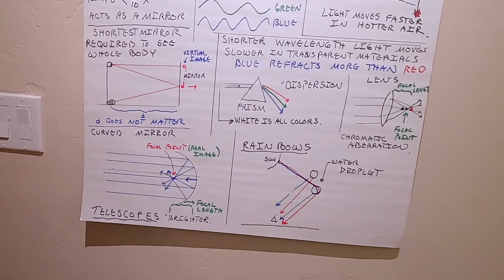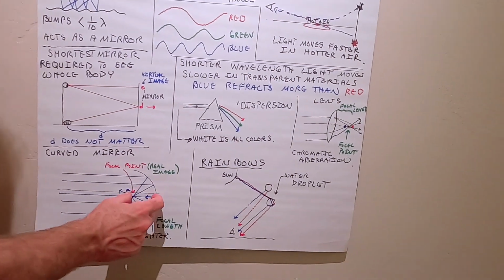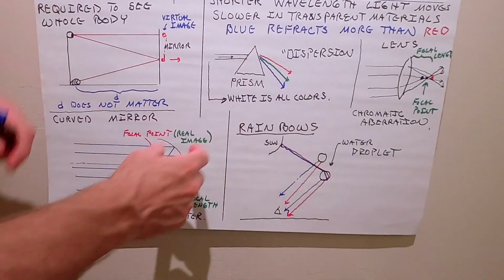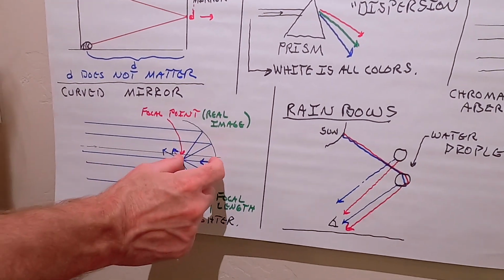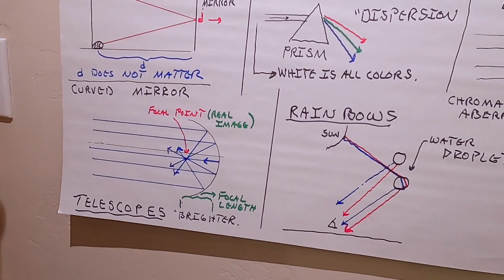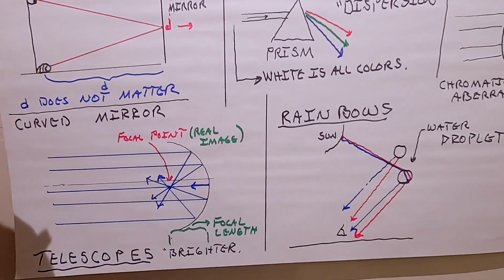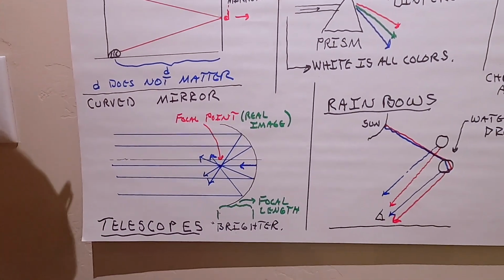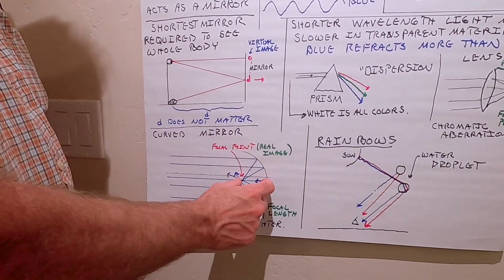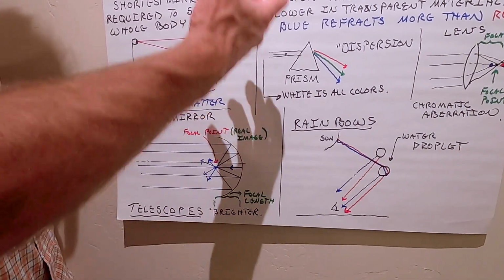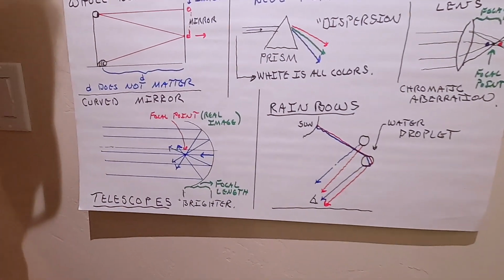Now, normally when you buy a telescope, you want a big focal length right there. You want this length to be big, because that way you can magnify things better. You're not going to be looking at the edge of the universe, you're probably looking at planets, and the more you can magnify it, the bigger it looks through the eyepiece.